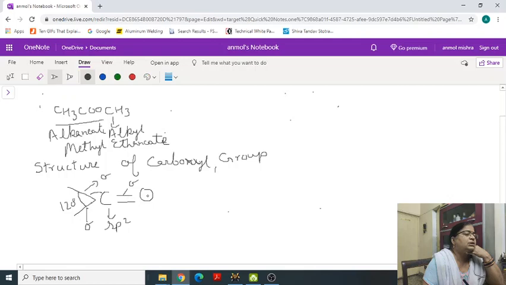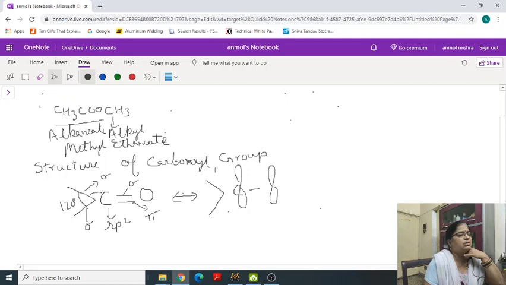Now this bond is a pi bond. The orbital of carbon is overlapped with the orbital of oxygen, so this forms a pi bond.